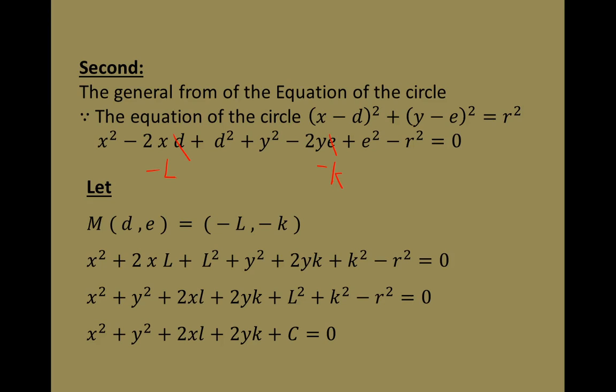Then y power 2 plus 2yK plus K squared minus r squared equals 0.